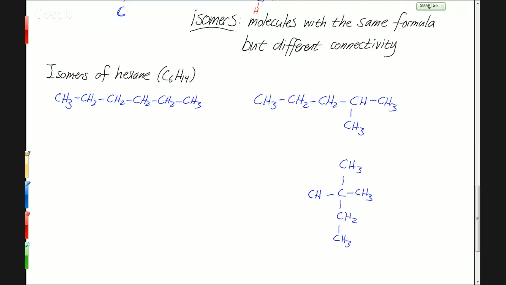So you could think about things like how many CH3s are there versus CH2s. This structure is the only one that has just a carbon with no hydrogens on it in the middle there, because it's connected to 4 other carbons.